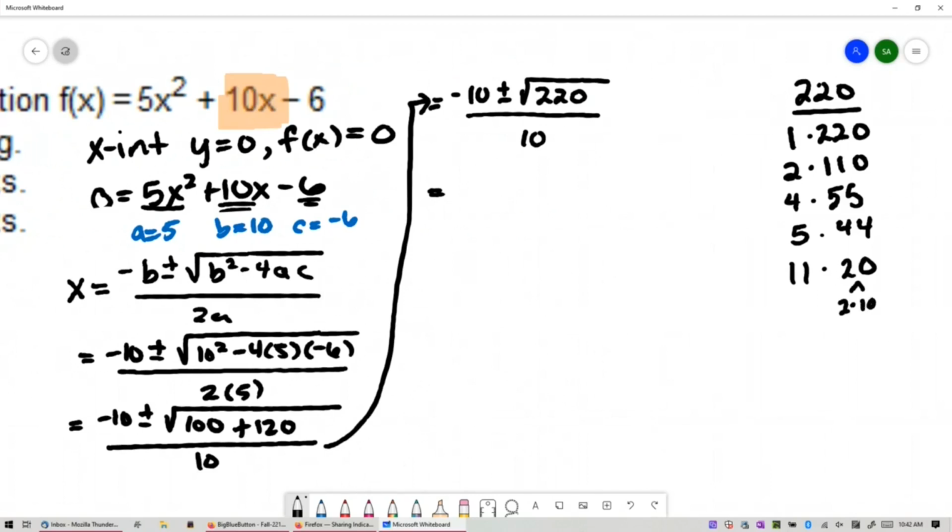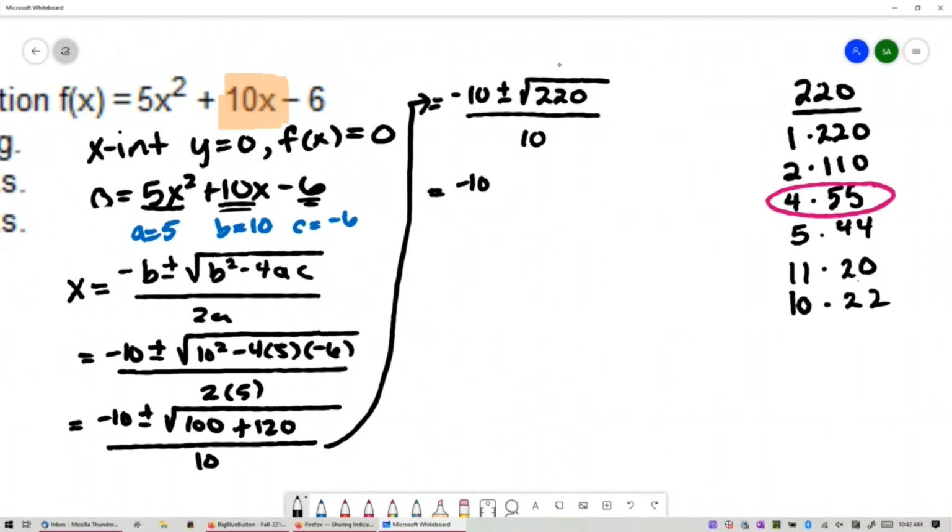Yeah, we skipped 10. So I skipped 10. 10 times 22. But all of these, if you look at all of these, there's only one of them with a perfect square. 4 is a perfect square, which is 2 squared. So that's the one we want to use so that we can actually simplify the square root.